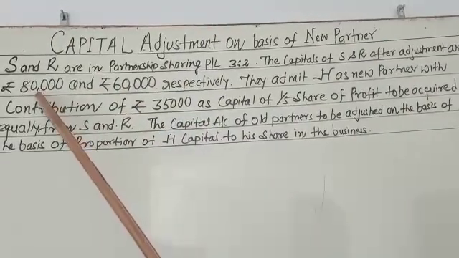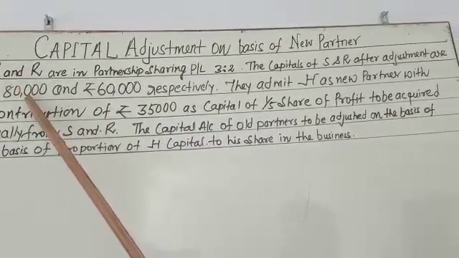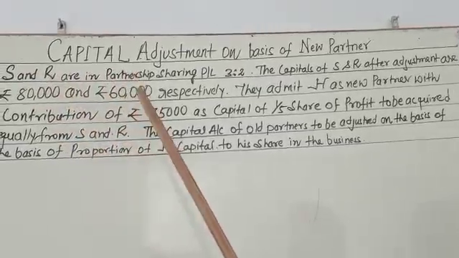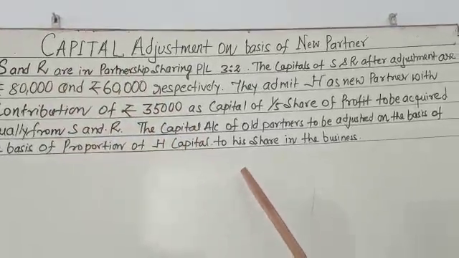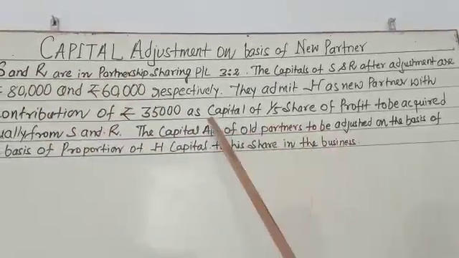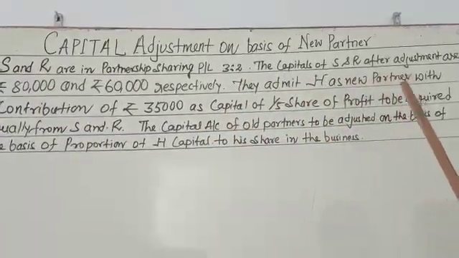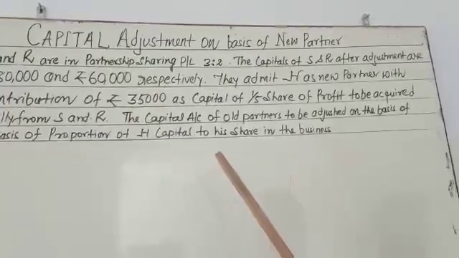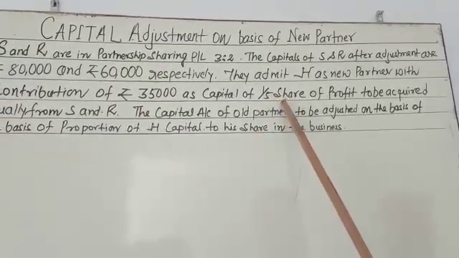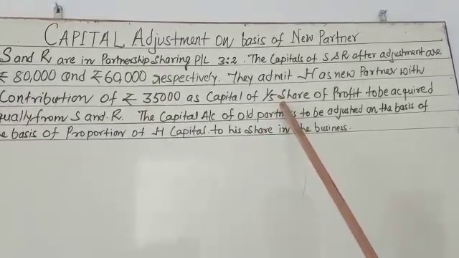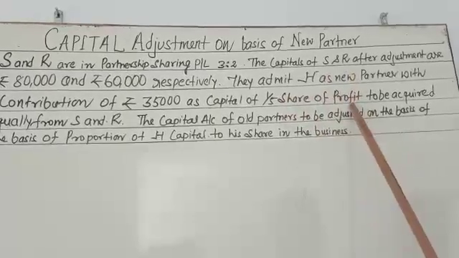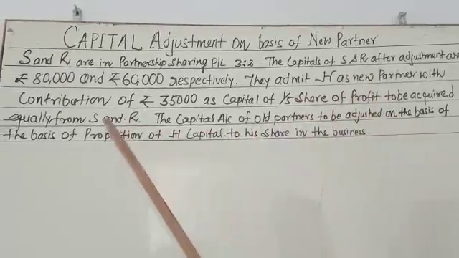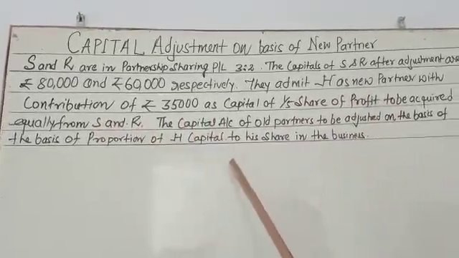Adjusted capital of S is 80,000 and R is 60,000 rupees. Next, H brings capital of rupees 35,000. And the firm provides 1/5 share of profit, which is going to be acquired equally from S and R.